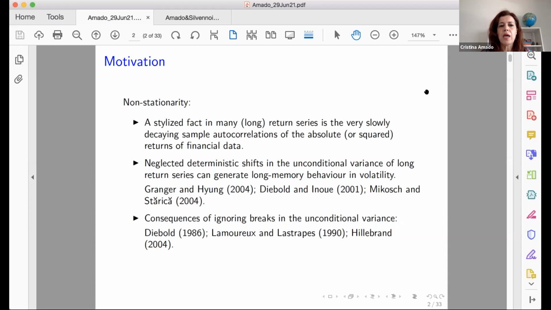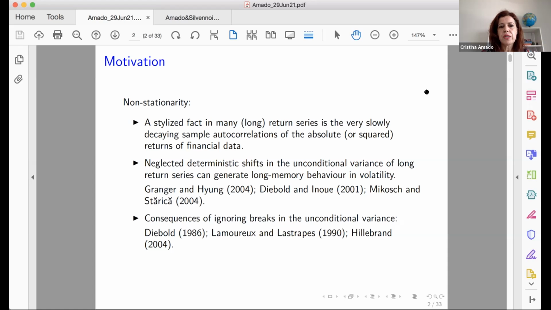What we observe is a very slow decay of the sample autocorrelations of the absolute or squared returns of financial data. Some branches of the literature will say we have long memory behavior in volatility, or it could be due to the fact that we have neglected deterministic shifts in the unconditional variance of these very long return series.